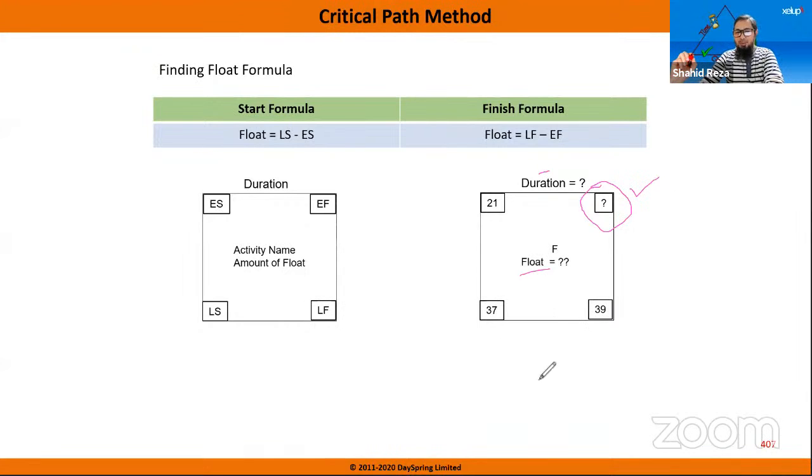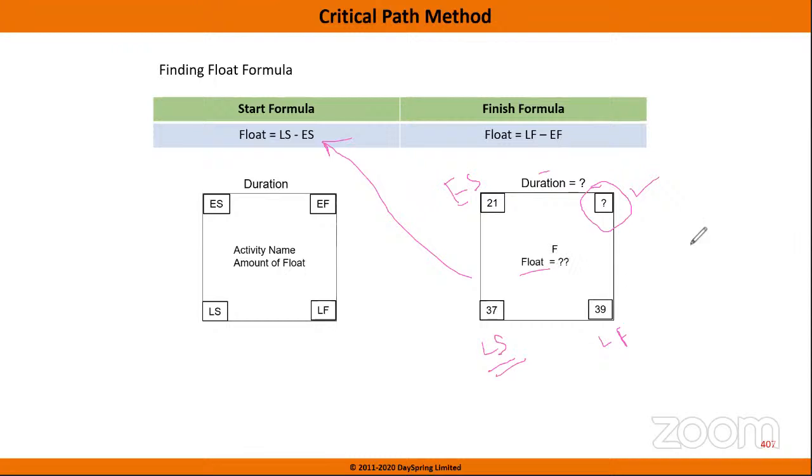So what do we have in our hand? We have the late start and the late finish, right? So how can we find out the float? We have the late start and the early start, so we can use this formula, right? So what will be the float for this task? 16. Right, so float will be 16.